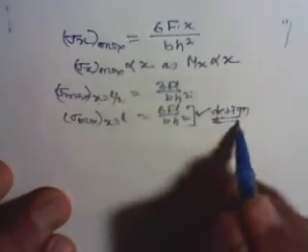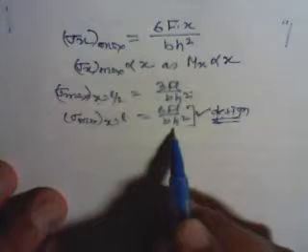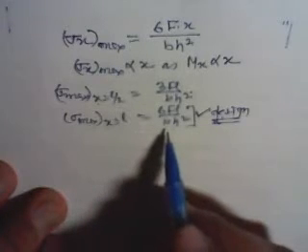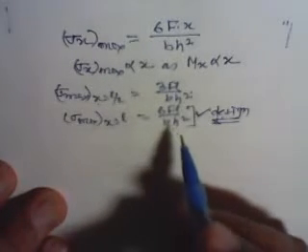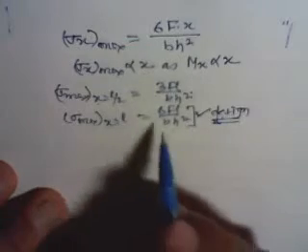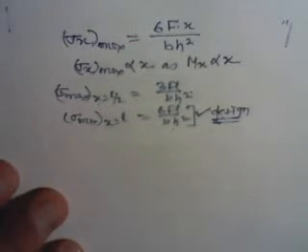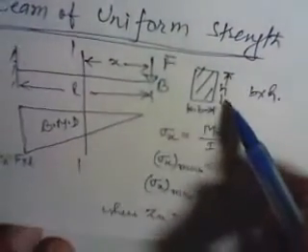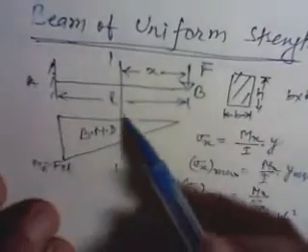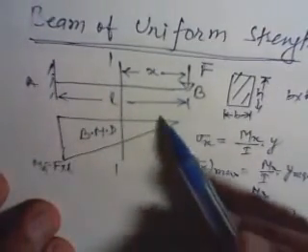So if we design on the basis of maximum induced stress at section A, which is the fixed point, we can find out the dimensions of B and H. Once the dimensions of B and H are obtained on the basis of stress here, all other points will be overstrengthened.